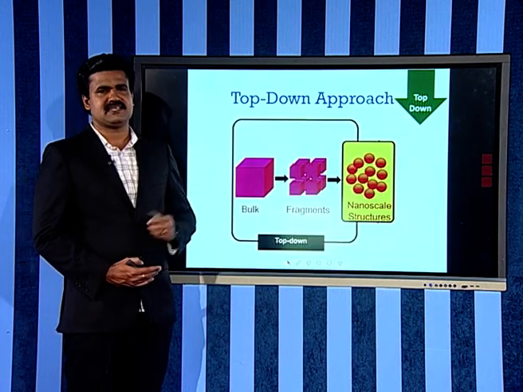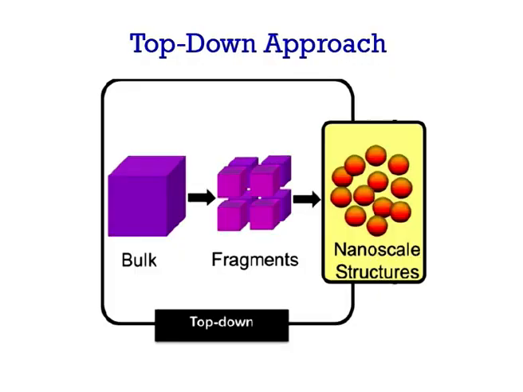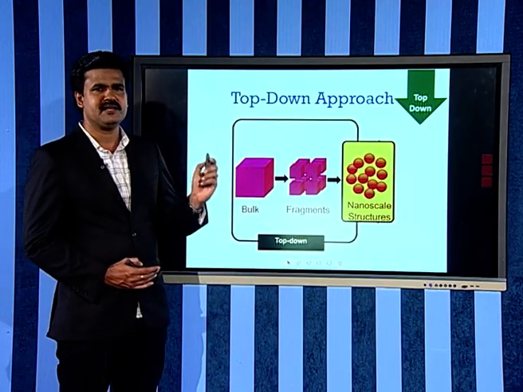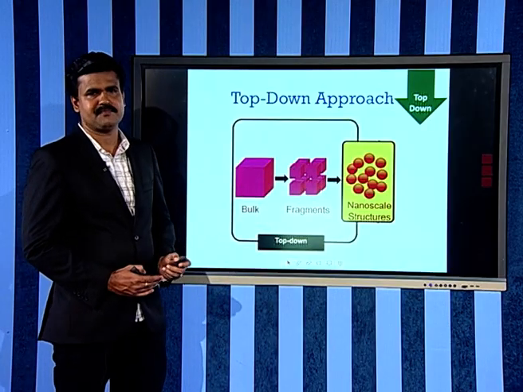This picture simply illustrates the top-down approach. On the left side, there is a bulk material. First of all, it is fragmented into some components, and finally those fragments are changed to nanoscale structures.